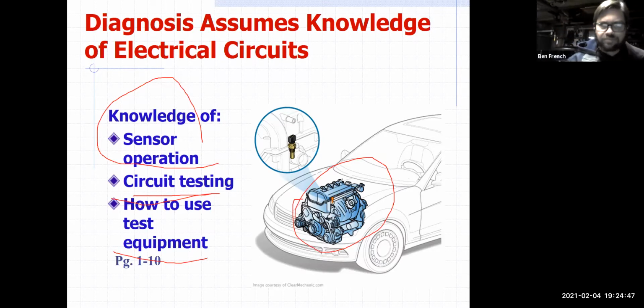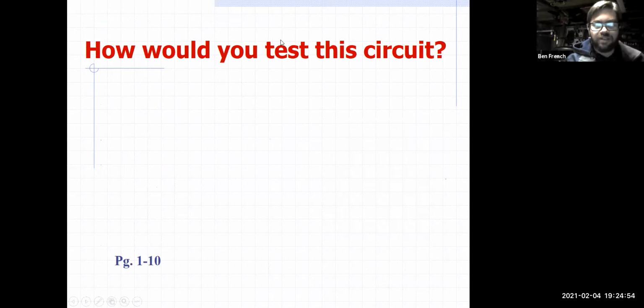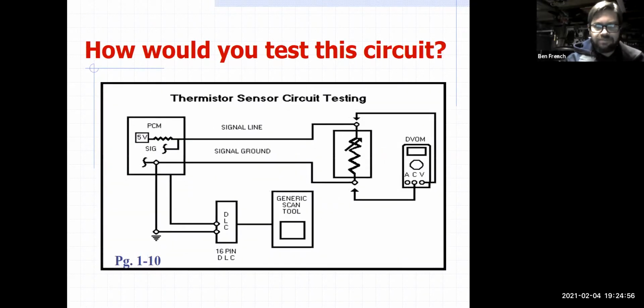Let me clear those drawings out, and we'll keep moving forward here. The question there is, how would you test the circuit? But let's back up a little bit. Let's look at what we can see from this very simplified diagram of a temperature sensor circuit: a resistor that varies its resistance. See how this is the symbol for a variable resistor?